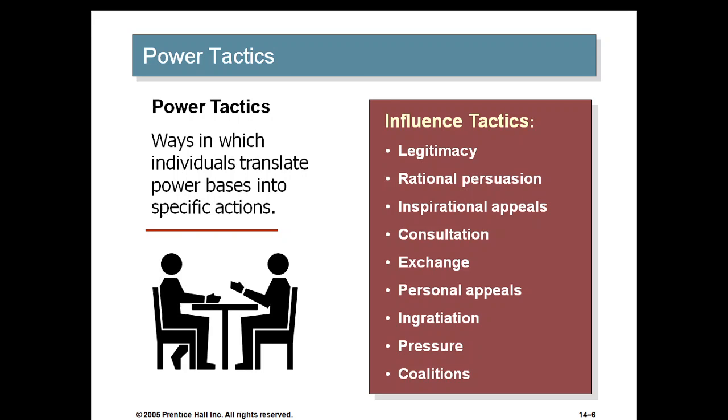Followed by inspirational appeals, where, as it suggests, you are inspiring people by motivating, by boosting, by appealing. This is where you are more qualitative, more subjective in nature, and you're trying to arouse the emotional appeal of the people. Say, for instance, when corporates run a campaign for protecting the environment, to protect the climate, to reduce carbon emissions, the communication of the campaign is built more on inspirational appeals.